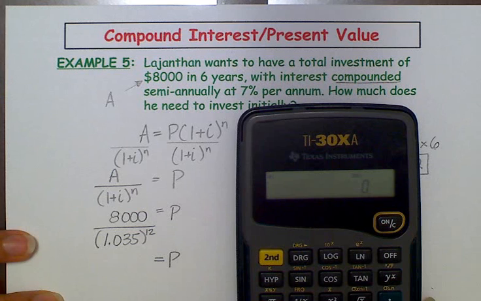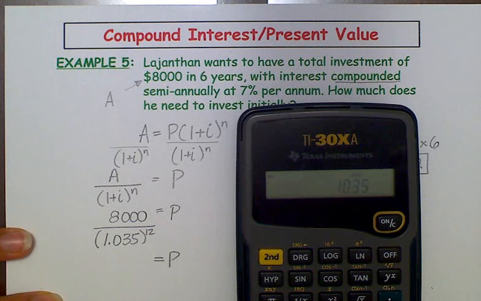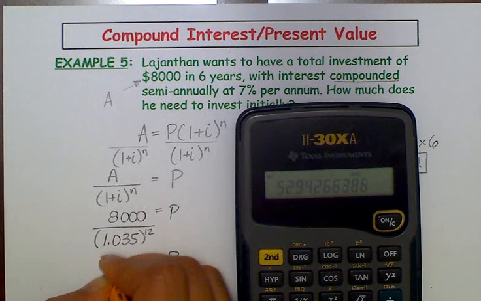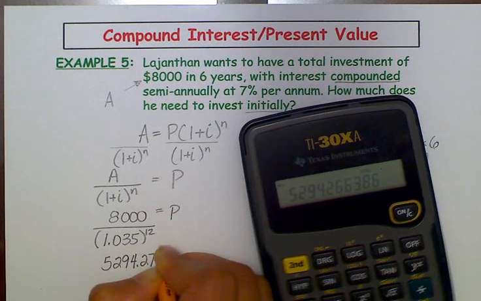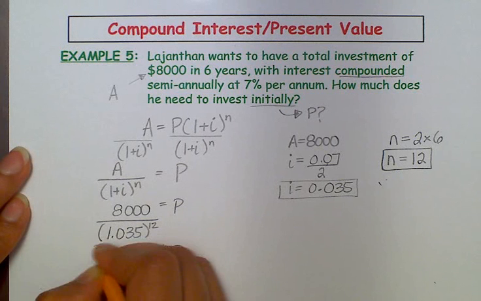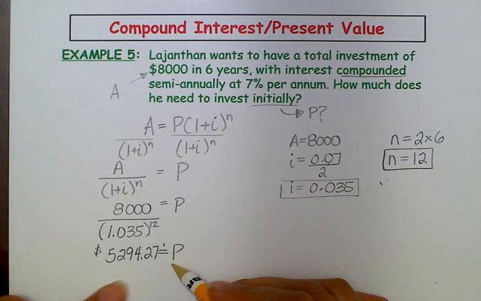So I have 8,000 divided by 1.035, and notice that I put 1.035 in brackets, to the exponent 12, and that equals $5,294 and about 27 cents. Again, you're looking at money, so you want to round to 2 decimal places. This quantity makes sense because he should have invested less money so that 6 years later he has more money.